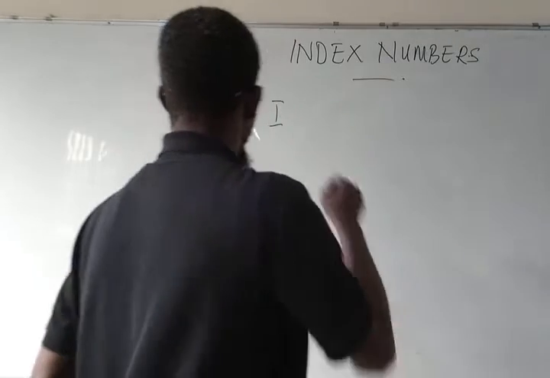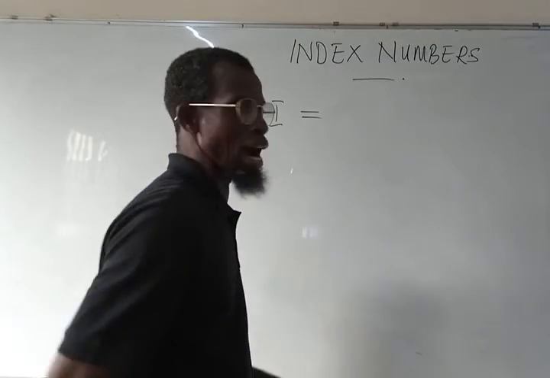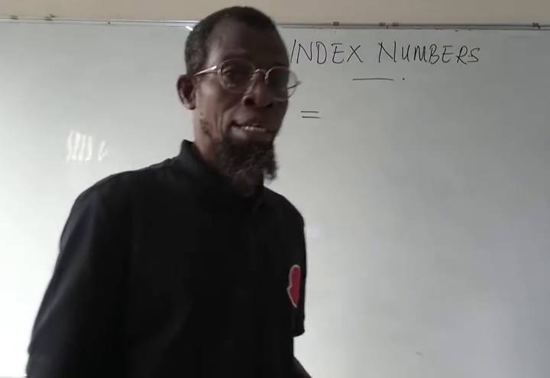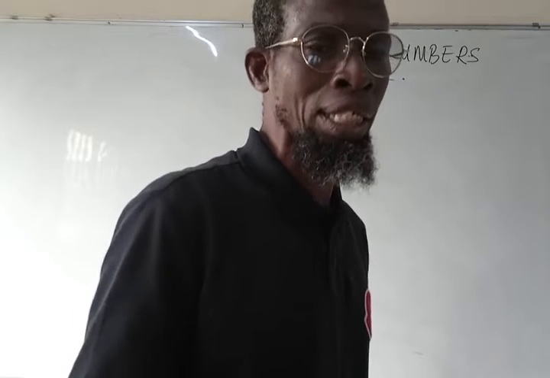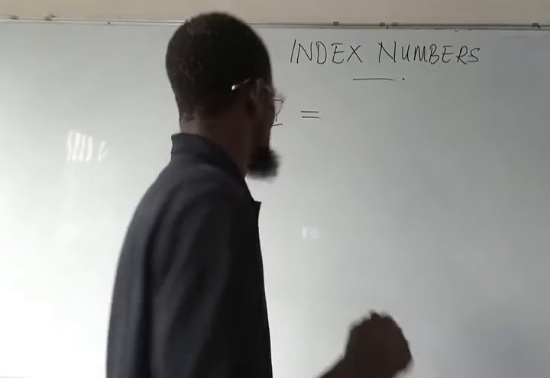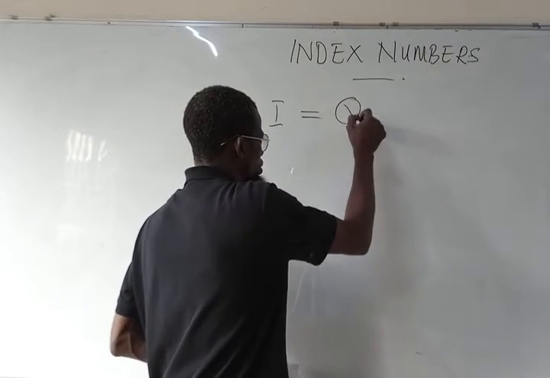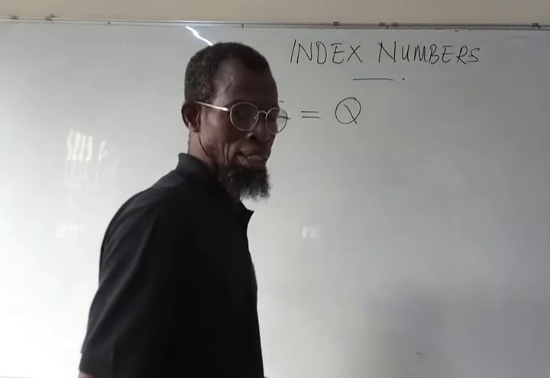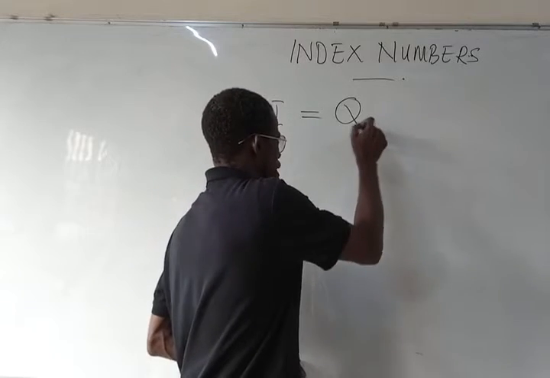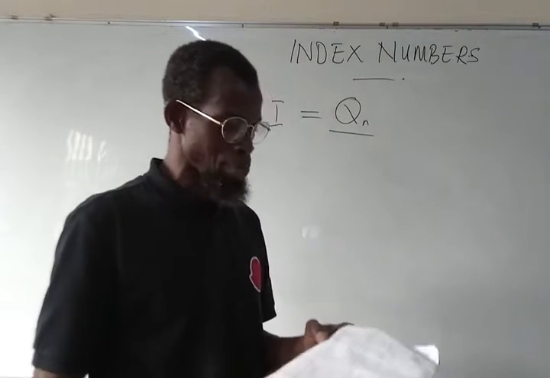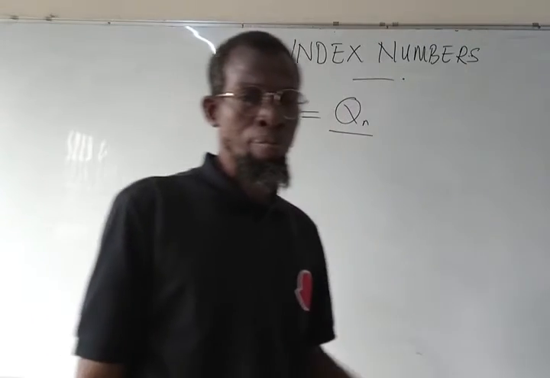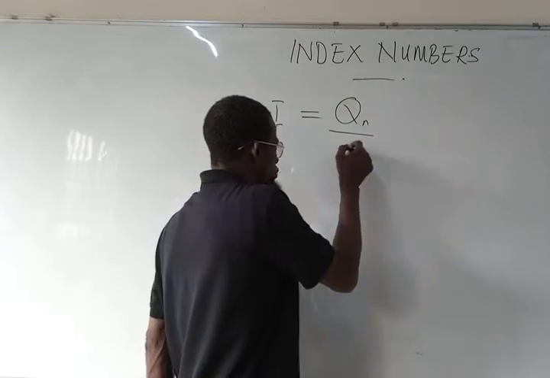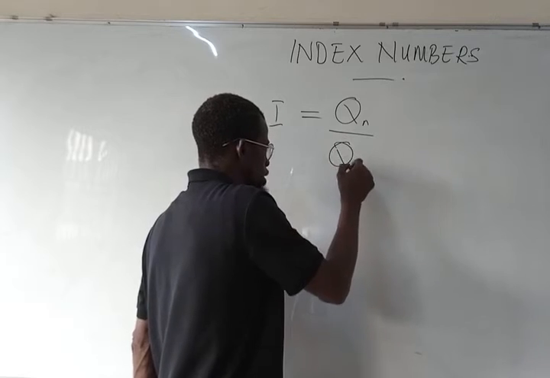So it means the index number, which we denote by I, is the ratio of the quantity of the current year, let's use Q1 to represent the quantity of the current year, over the quantity of the base year.